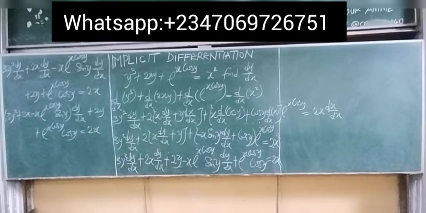So at this point, it's simply to send 2y, and of course, this exponential x cos y over to this side of the equation.